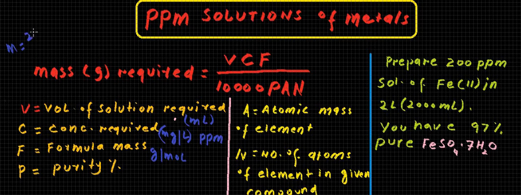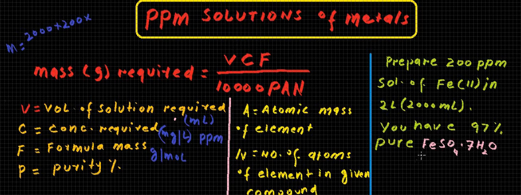and the volume of solution is 2000 ml, and then C is the concentration of that element which we need to prepare in milligram per liter or ppm. Here in this very question it is 200 ppm, so we will put 200 here, into F. F is the formula mass of that compound.